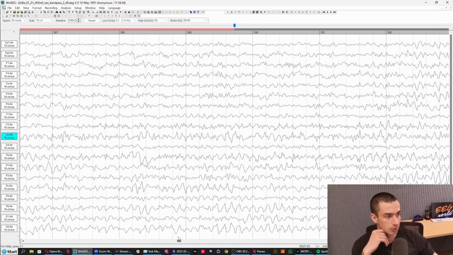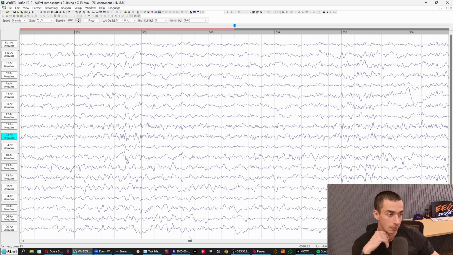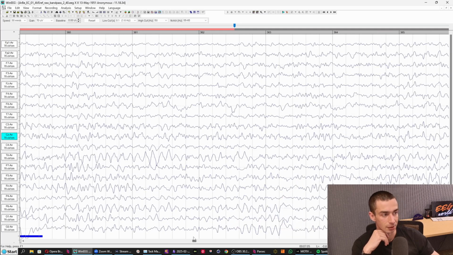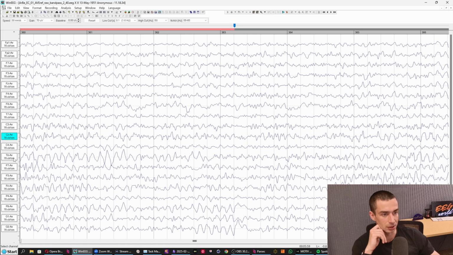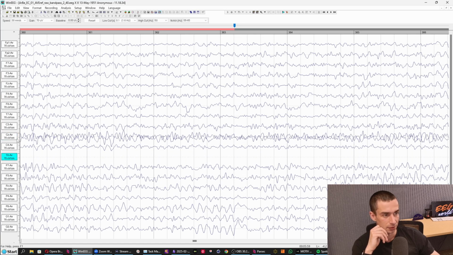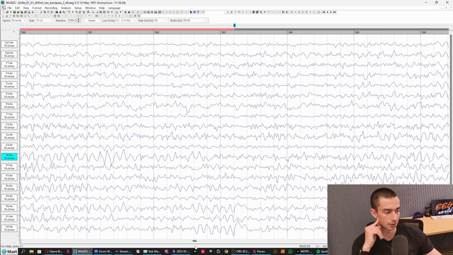And I don't want to read too much into it, but that right insula potential finding, and now we are seeing T8 slowing in the slow alpha band, which could indicate some sort of ischemic changes on the right side.